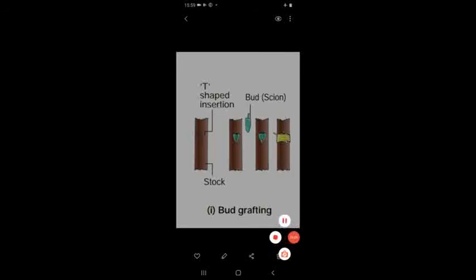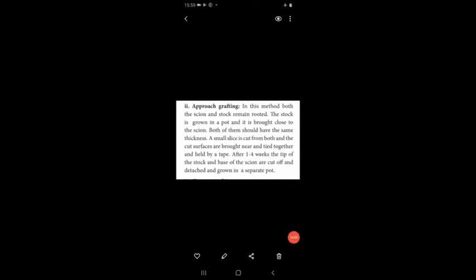After a few weeks, a new individual is produced in the region. Once it is produced, it should be replanted into another place for further growth and development. So that grafting method is called bud grafting. Next one, approach grafting.